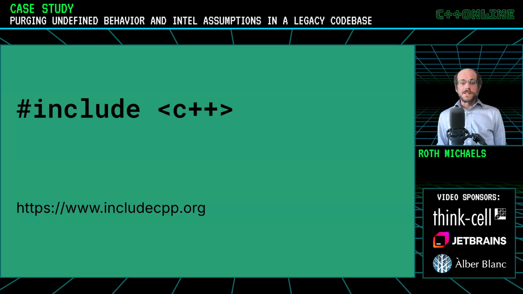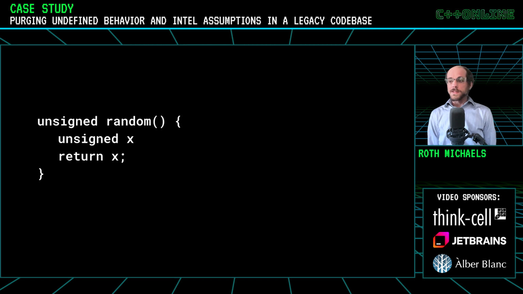But anyway, let's begin. Before we get into too much detail about undefined behavior, I just want to ask, I don't know if anyone's in the Discord at the moment, because this is normally a little interactive thing I do live, if anyone sees something that is wrong with this function, other than being a really, really bad and not real random number generator?